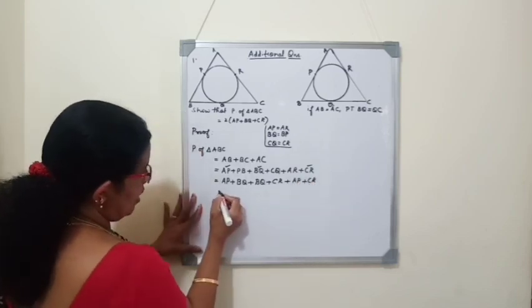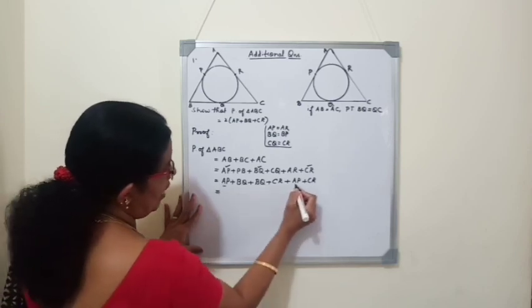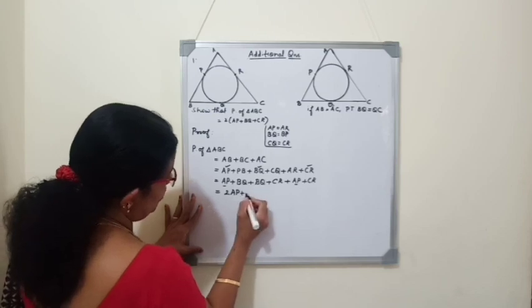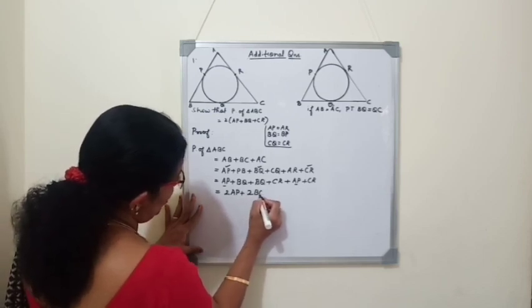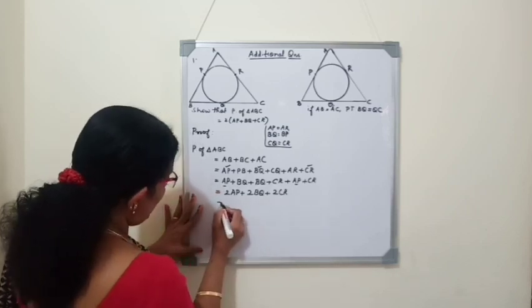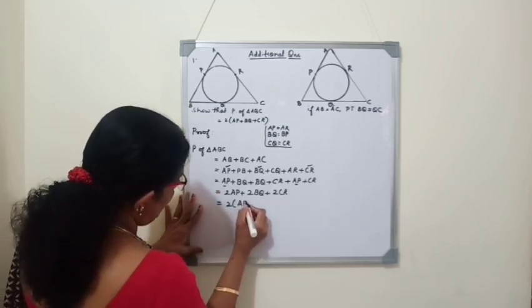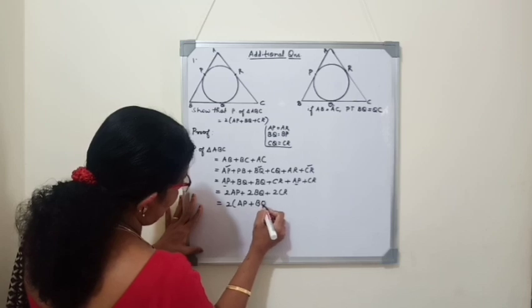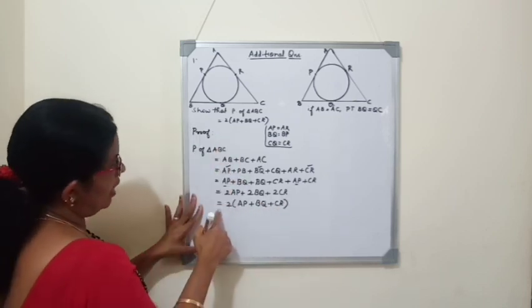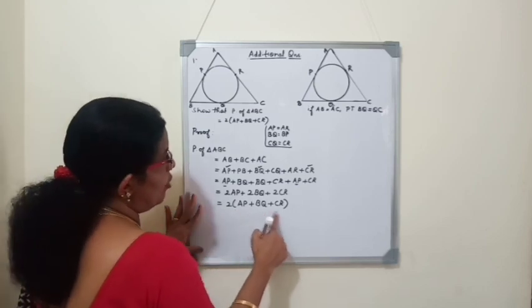Now, we will arrange the terms. See here, AP and AP, directly I will write 2 AP plus BQ plus BQ, 2 BQ, and CR plus CR, 2 CR. Take 2 common, AP plus BQ plus CR. So, we proved that the perimeter of triangle ABC equals twice AP plus BQ plus CR.